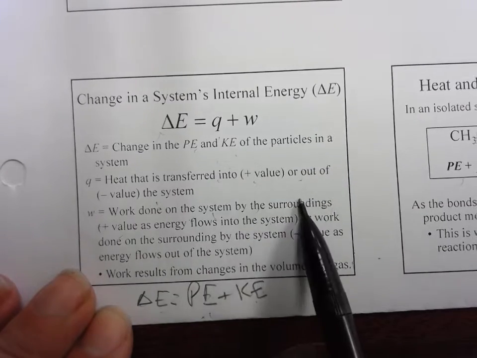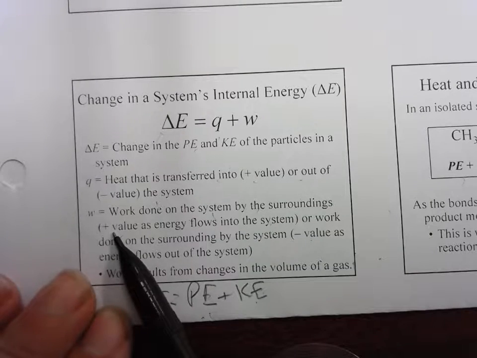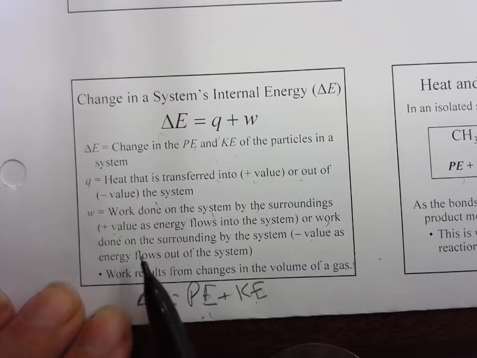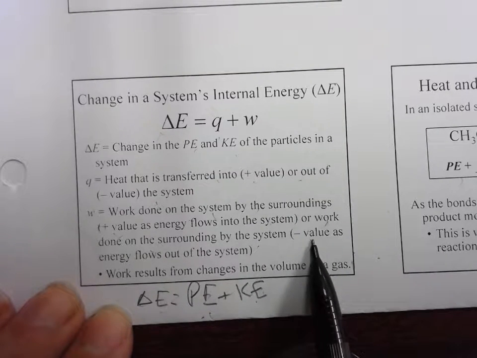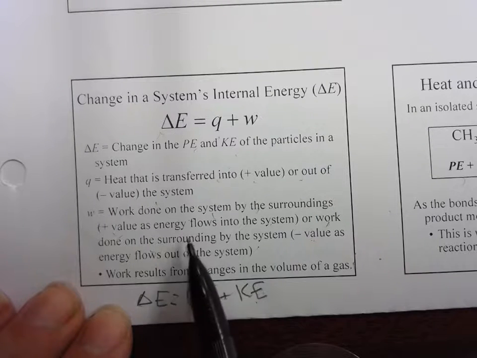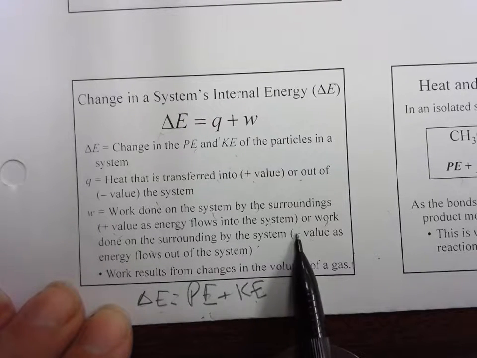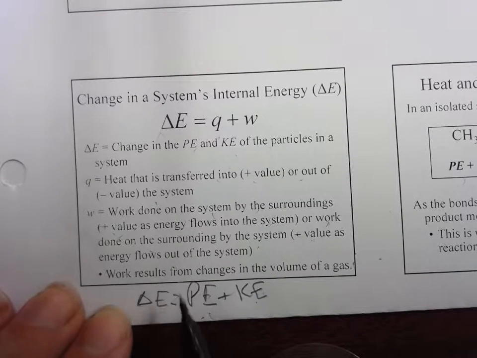Energy is flowing from the surroundings into the system, gives us a positive value for work. Okay, or work done on the surroundings by the system gives us a negative value. Okay, so as energy flows out of the system into the surroundings, that gives us a negative value. And that tells us that the system is doing work on the surroundings.